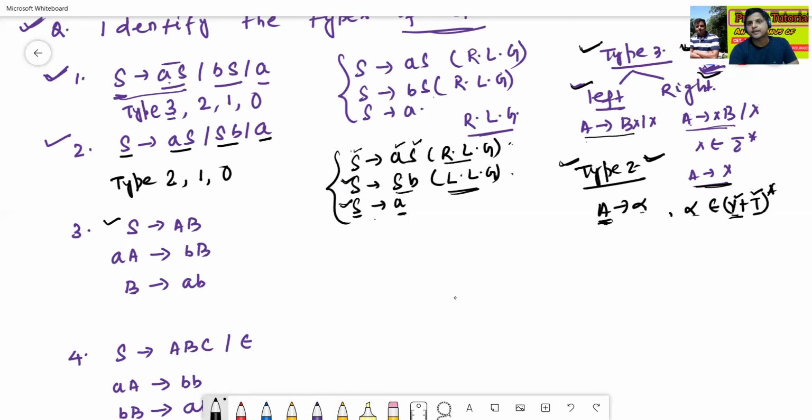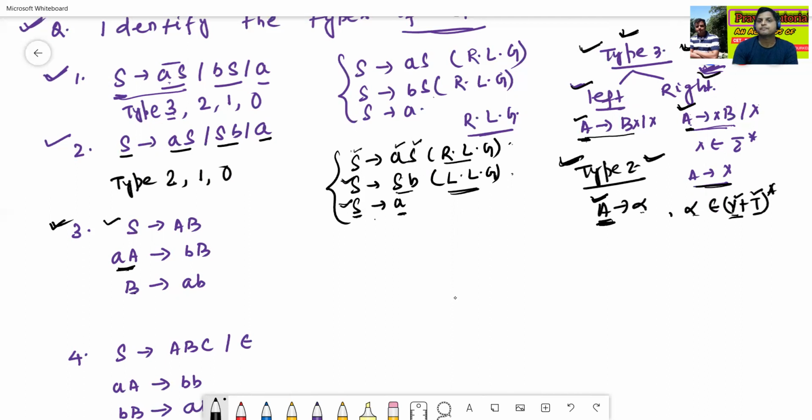Remember one thing, in type 3 grammar, the left side is always one non-terminal. In type 2 grammar, the left side is always one non-terminal. But here, one production contains two symbols on the left side.